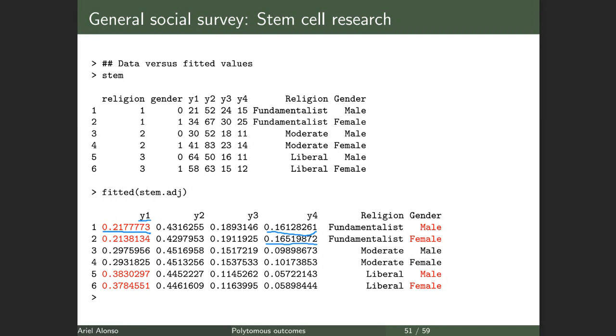So even in the fundamentalist group, males tend to be more favorable to stem cell research than females. And in the liberal group, you get exactly the same. In the liberal group, males tend to be more favorable about funding stem cell research than females.